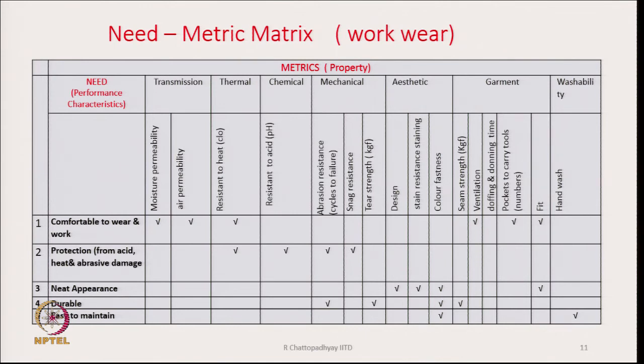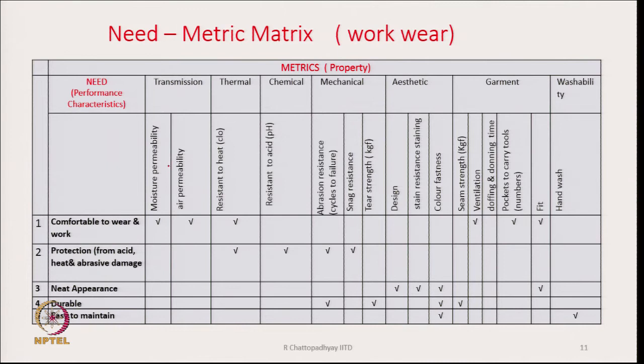Now, let us say the first need, let us look at it, comfortable to wear and work. That is the need of the workwear for any person who is using it. Now, what properties are relevant for comfortable to wear and work? So, whatever the tick is there, they are the relevant property.